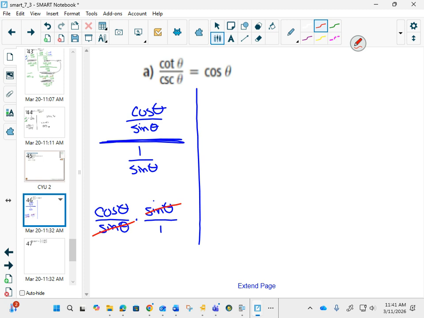And what am I left with? Just left with cos theta. Does that match? It does. All done.